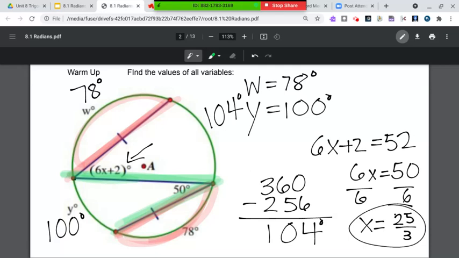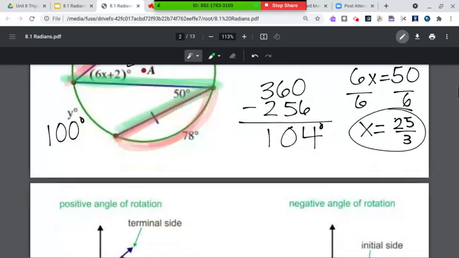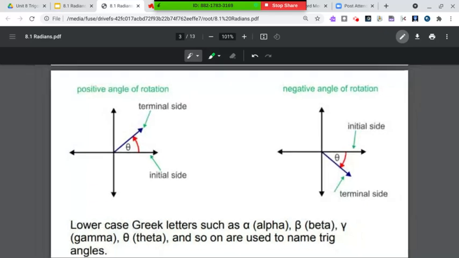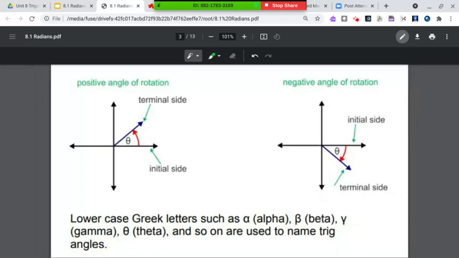Okay? All right, here we go. First notes that we want to write down. Okay, so you're going to hear quite often in this unit the idea of an initial side and a terminal side. So when an angle is created in the coordinate plane, the initial side will always start on the positive x-axis.